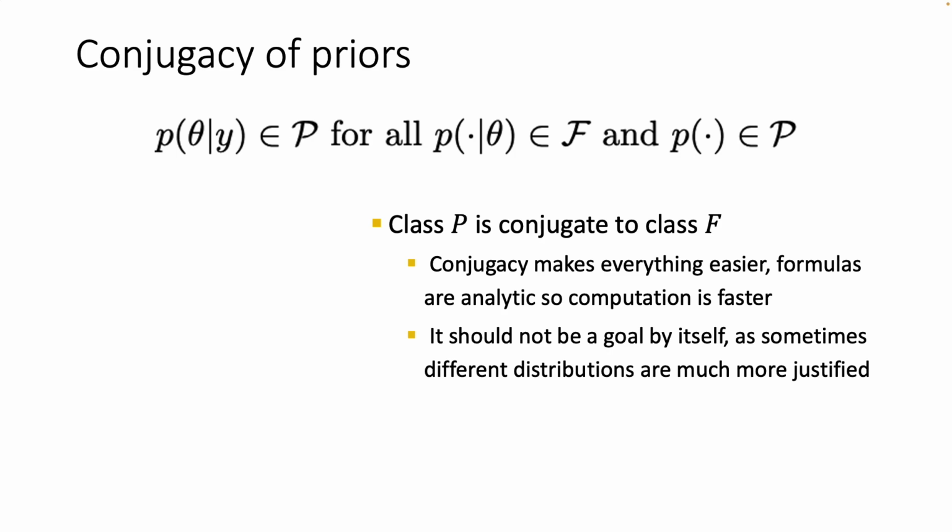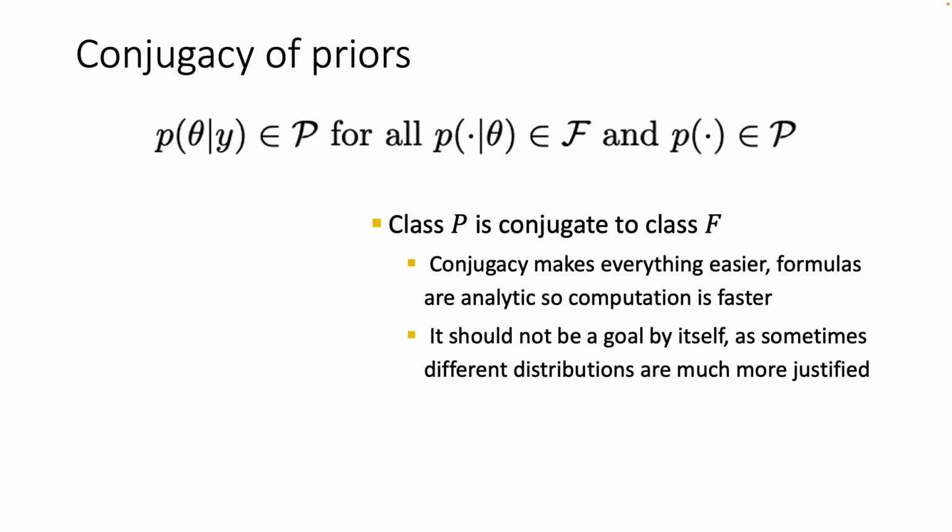So, for example, when using a beta distribution for a binomial likelihood, we get a beta result. If we use a normal likelihood and a normal prior, we get a normal result. It won't happen in many situations, but for certain probability distributions, there exist conjugate priors.